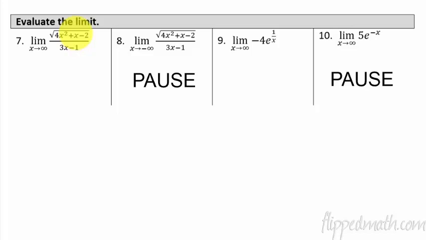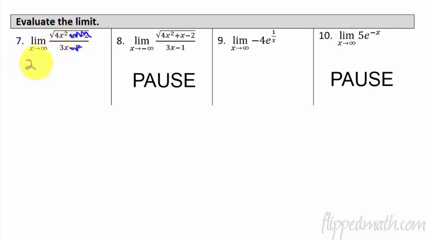Let's first ignore the things we don't need to worry about. We only focus on the term that's growing the fastest in the numerator. So this plus x, this minus 2 means nothing to us. And down here, the minus 1 means nothing. See how nice that is when you approach infinity? Just get rid of the things you don't need to worry about. So what we really have going on here is a square root of 4x squared over 3x. Let's simplify that.